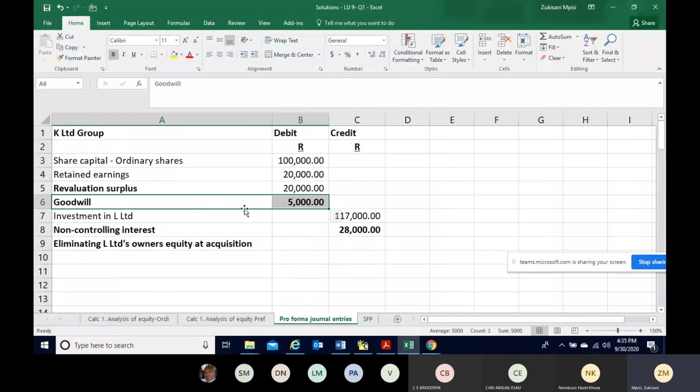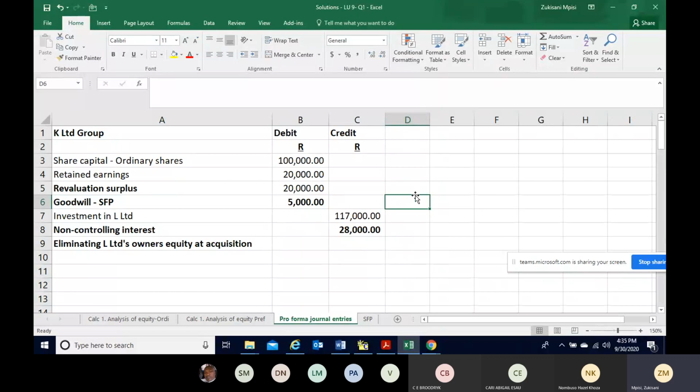Because you are doing a statement of financial position, everything else is eliminated, but the new item that you have now is goodwill, which you must include in the statement of financial position under non-current assets. I just wanted to highlight that for you, and also highlight amounts that are not easy to just get when you are doing the journal entries. So this becomes the pro forma journal entry.